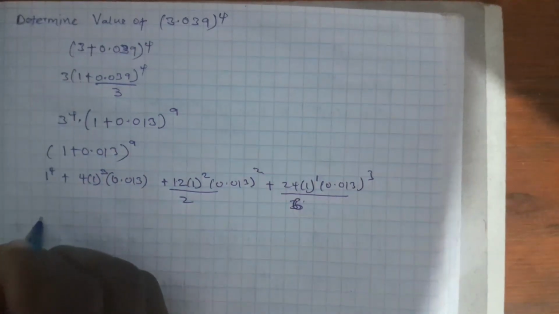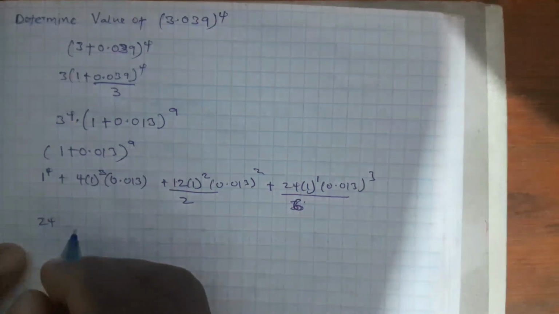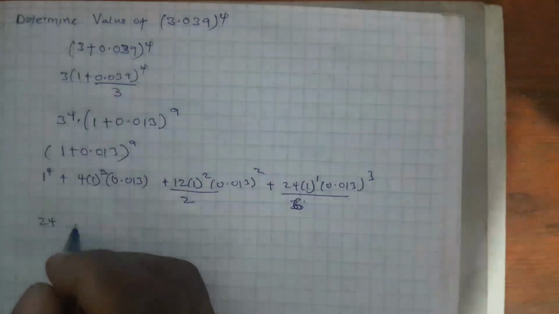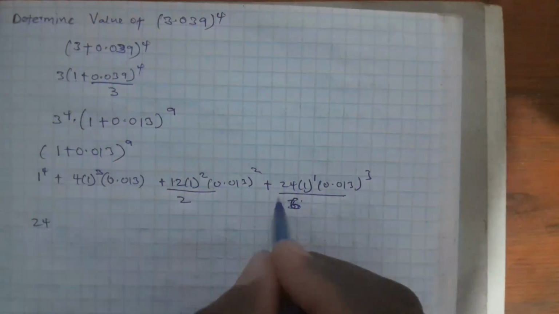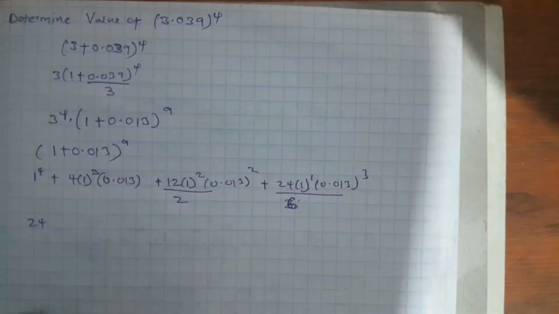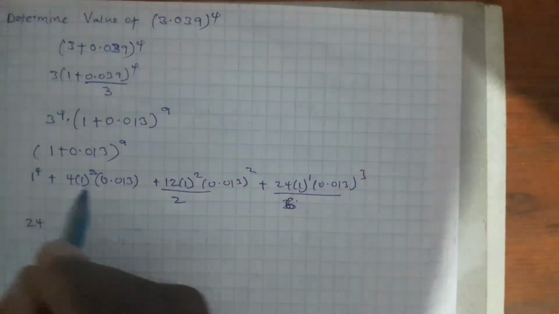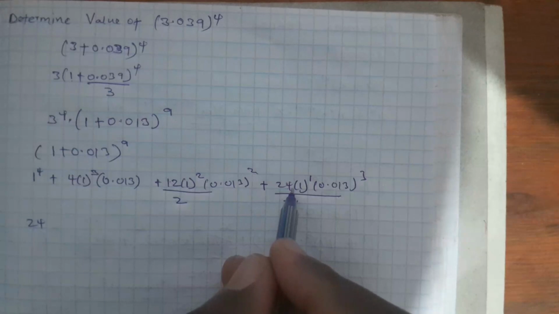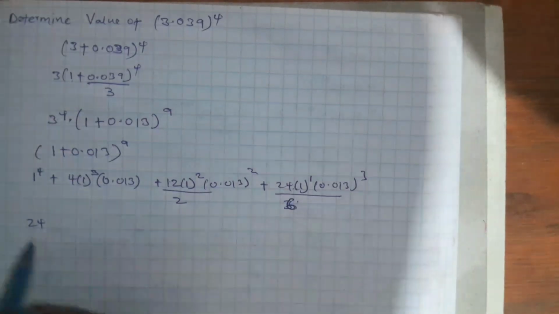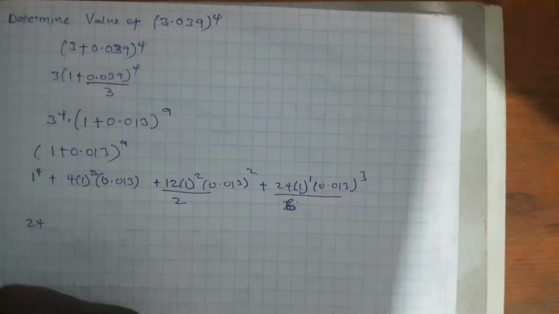And the last part we have 24, which is 4 times 3 times 2 times 1. 4 times 3 times 2 is 24, and 4 times 3 times 2 times 1 is 24.